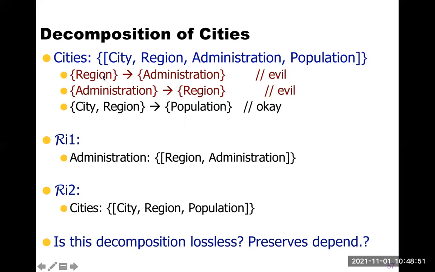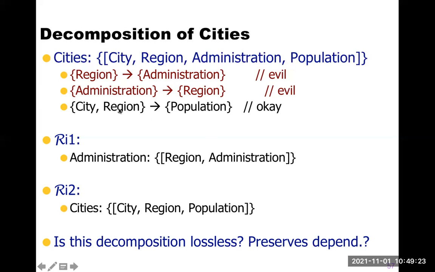So the step is to split this table into one that has the region and administration pair, and it will have two keys. Region is a key, and administration is another key. So everything may be found using the other column. Then we have city and region as a key here, population here, and we need to remove something from the right part.